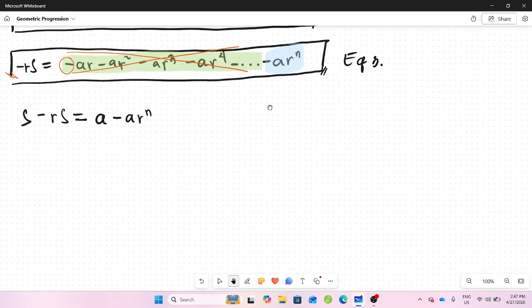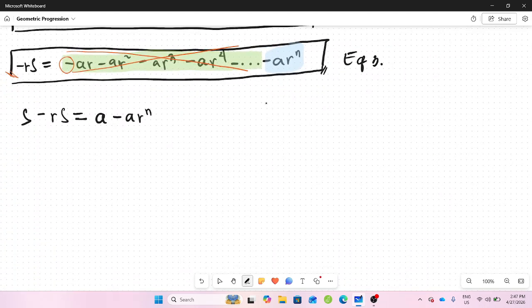Let's continue and simplify this, so we get s times 1 minus r on the left side. On the right side, we factor out the a, so we get 1 minus r to the n. After that, we divide both sides by 1 minus r.